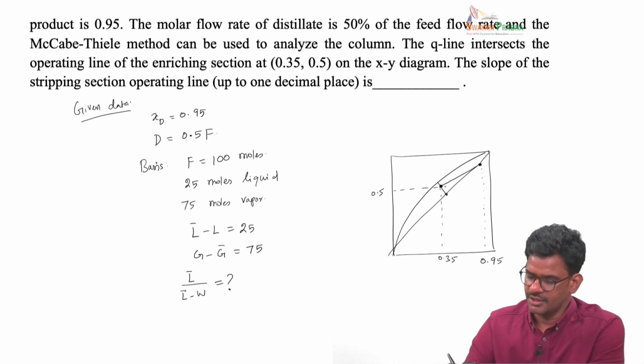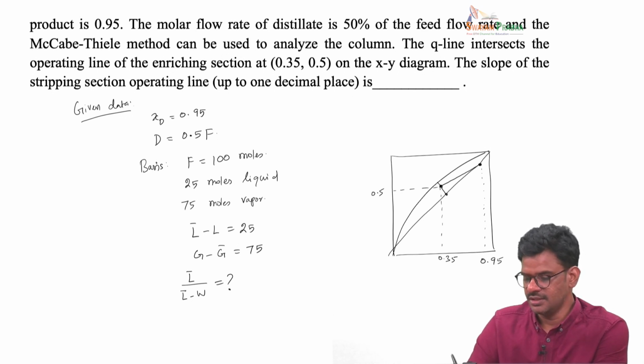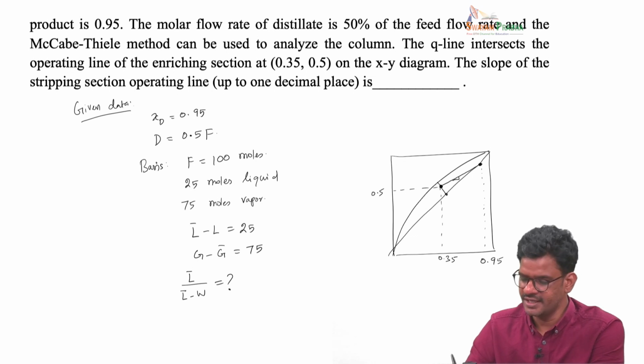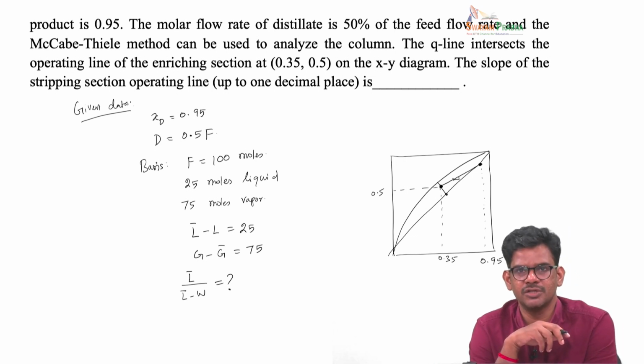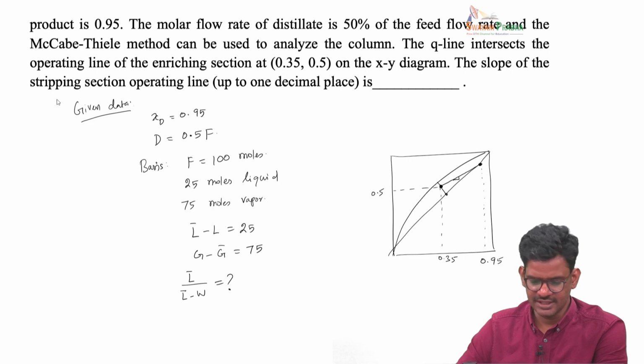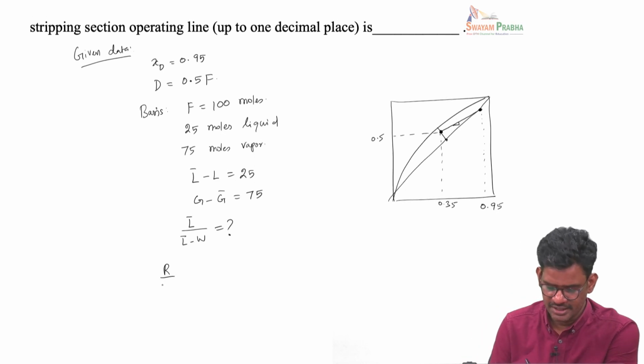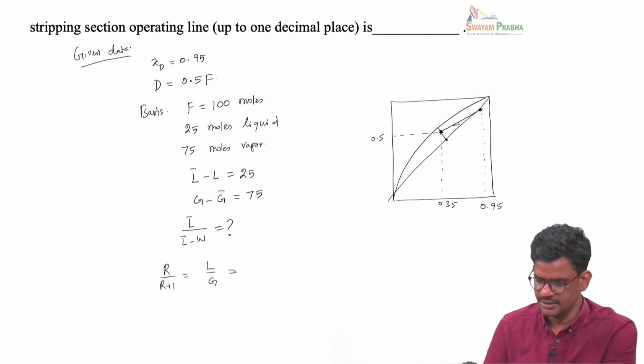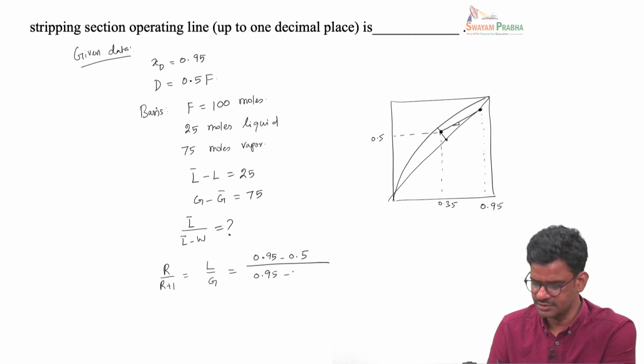So, since we know that the enriching line and the Q line intersect at 0.35 and 0.5, and the other point is at 0.95 and 0.95, we can find out the slope of this enriching line, and this slope is given by R by R plus 1, which is also equal to L by G. The slope of this line is 0.95 minus 0.5 divided by 0.95 minus 0.35, and you get something like 0.75.